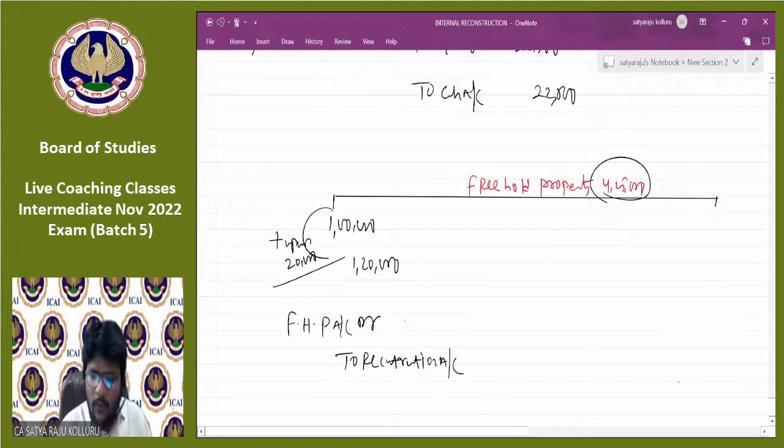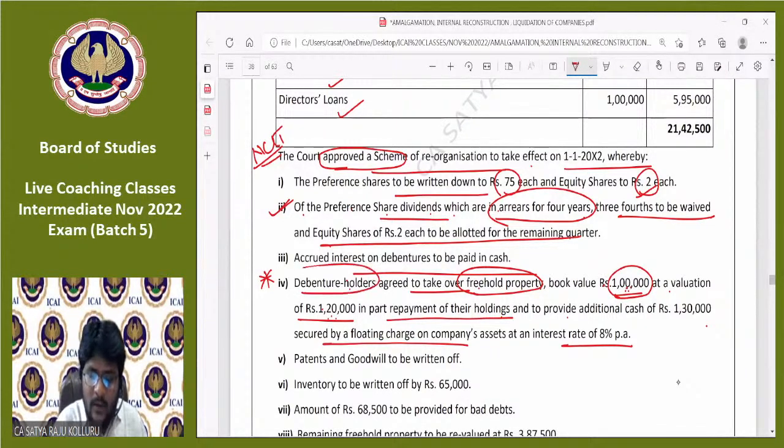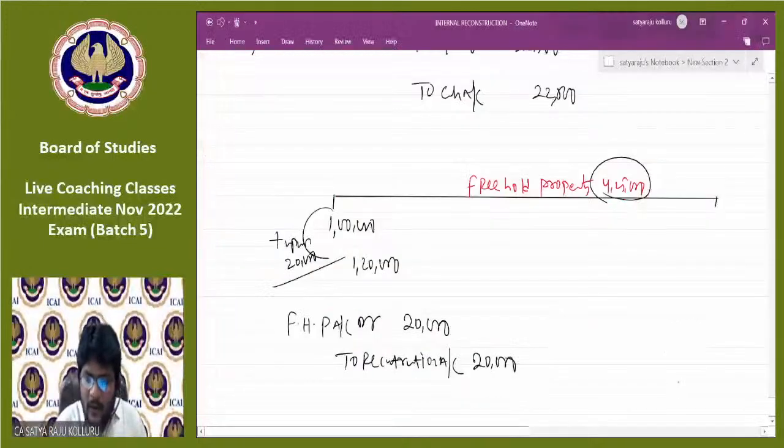How much, guys? Upward revaluation 20,000. This is the first and foremost entry you need to pass. Then that freehold property at 1,20,000, in part repayment of their holdings, we are giving to the debenture holders. That means this 1,20,000 is ultimately given to whom? Debenture holders.